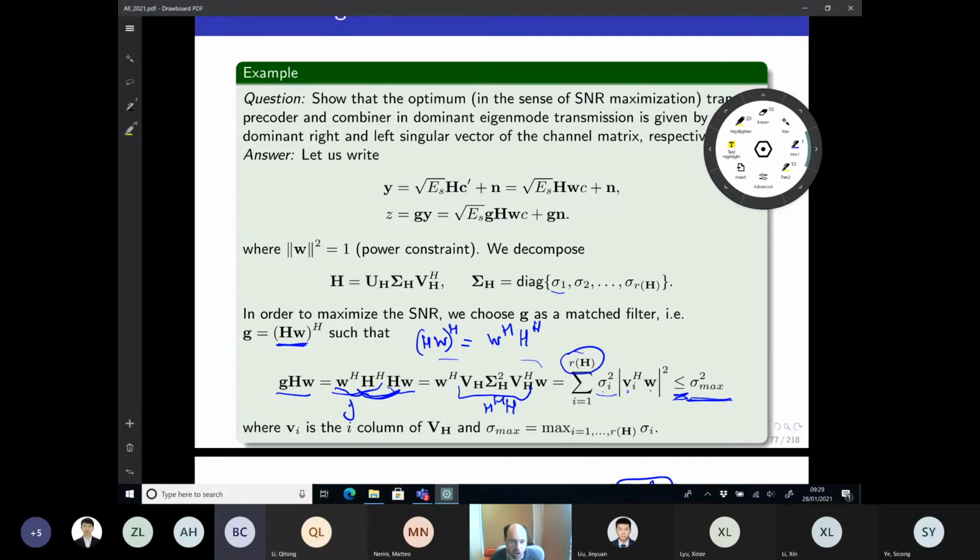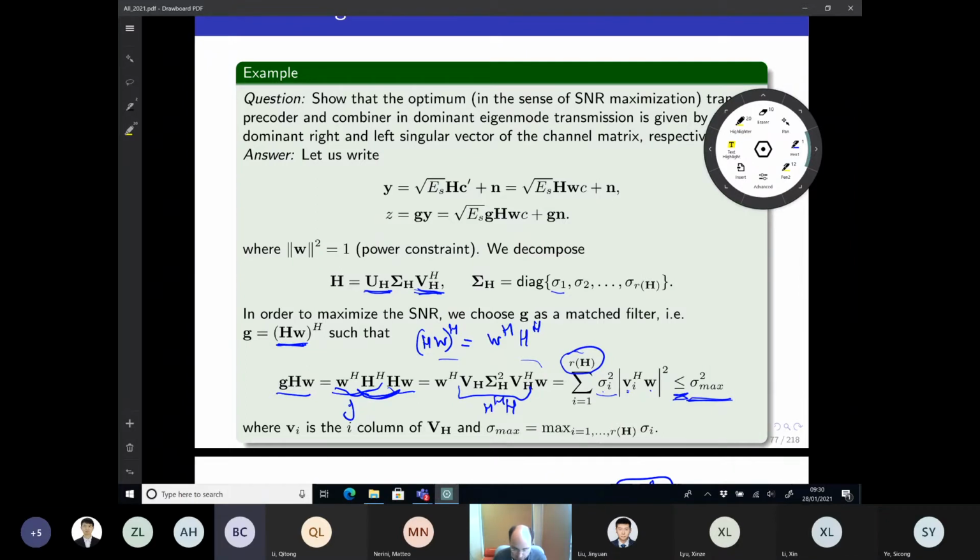So we precode along the dominant right singular vector, we combine along the dominant left singular vector. But we don't make use of all the other singular vectors, right? Actually, in this decomposition, I have multiple of them on the right side, I have multiple of them on the left side, right? All those columns of U, they're all orthogonal to each other, right? All the columns of V, they're all orthogonal to each other, right?